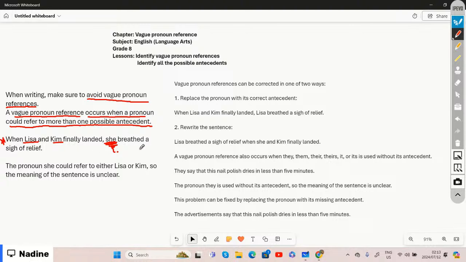The word she is a vague pronoun reference because she can either refer to Lisa, who breathed a sigh of relief, or to Kim, which means that this is a vague pronoun reference. It is unclear and indefinite within that sentence.